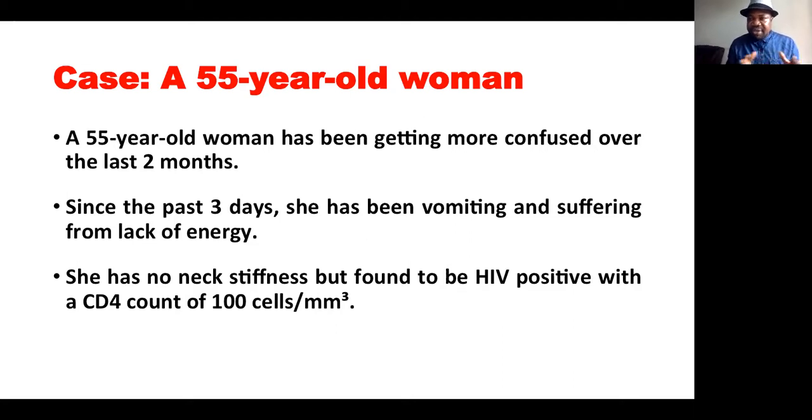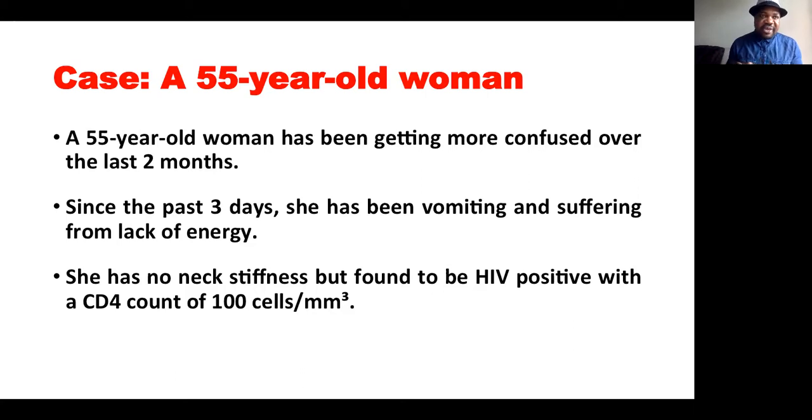Another thing you can see here is that this patient does not have a classic presentation of acute meningitis, like headache and neck stiffness, but she looks confused. She has vomiting, which means recently she started to have an increase in intracranial pressure, with a lack of energy. Then she is HIV positive.